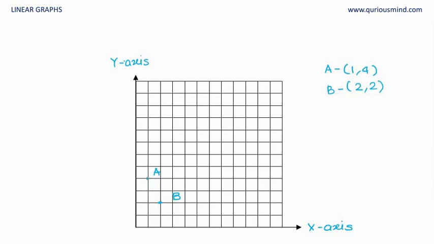And now when we join these two points, we get the linear graph. We want to know where it will intersect the x-axis and y-axis. So let's draw a line through these, and let me extend this side also.